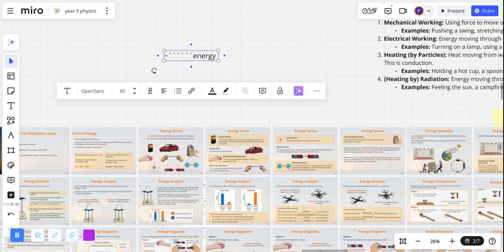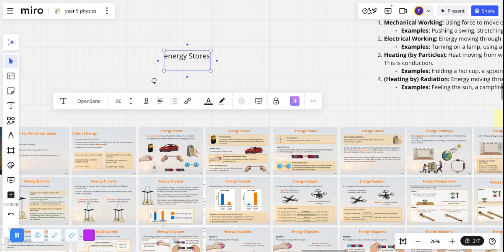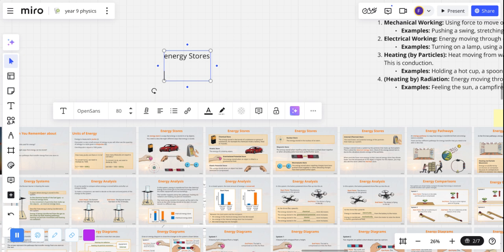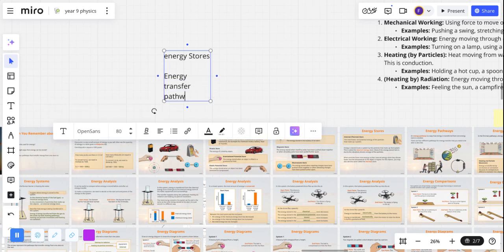Energy stores are how the energy, for want of a better word, exists. Is it electrical? Is it gravitational potential? Is it kinetic? What is it? And then the second idea is how it changes: energy transfer pathways.